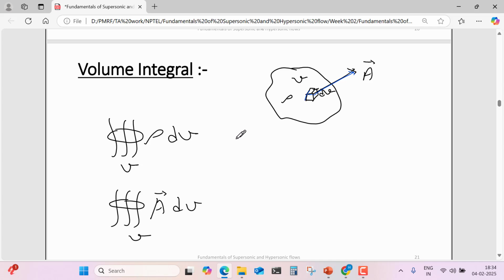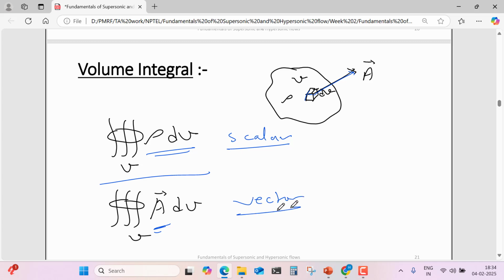Then this volume integral can be given in two ways. Triple integral rho dv, both quantities are scalar, so it will give scalar quantity. And another is triple integral A vector dv. This A vector is vector quantity, so it will give vector quantity.